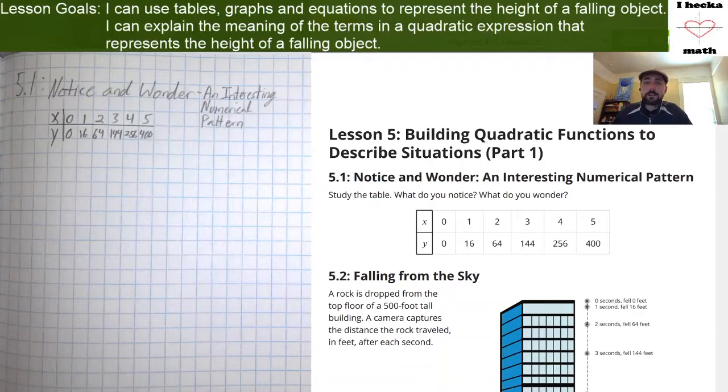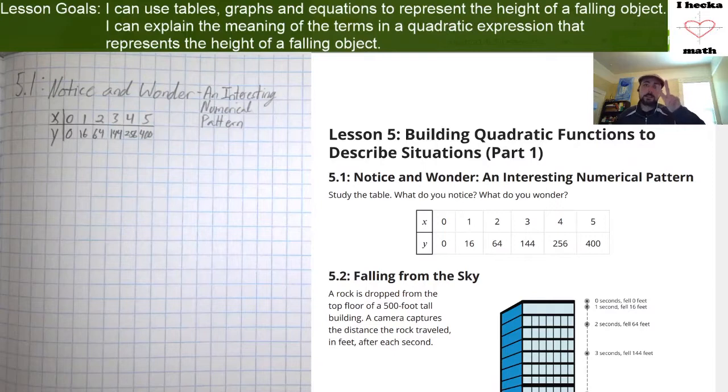So this is lesson 5, building quadratic functions to describe situations. Remembering from last week, quadratic functions are anything that uses x squared. So just from the title, I'm already thinking about where we are going to be thinking about squared terms.